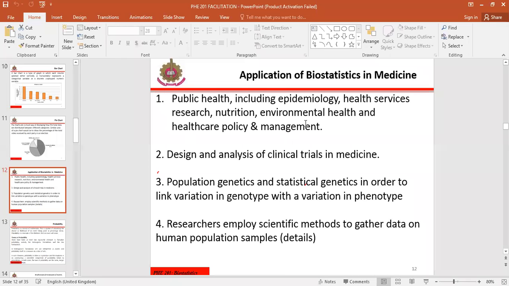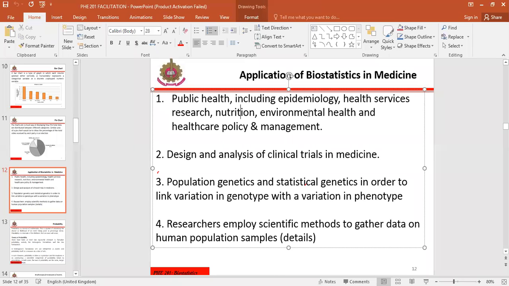And also, like nutrition. Maybe there are some beverage companies.